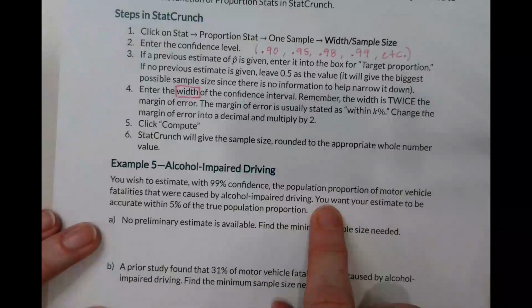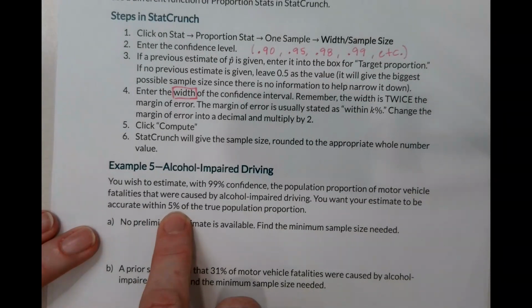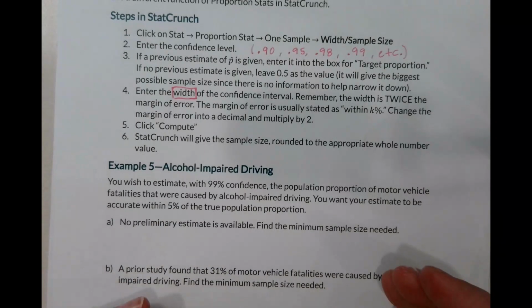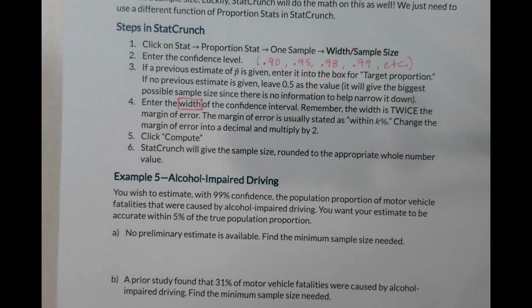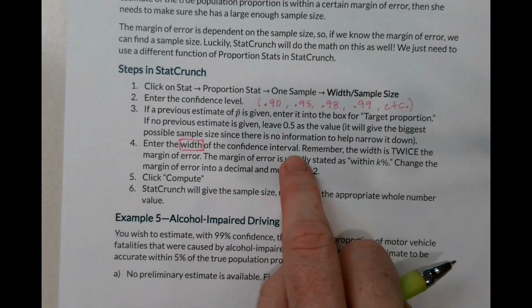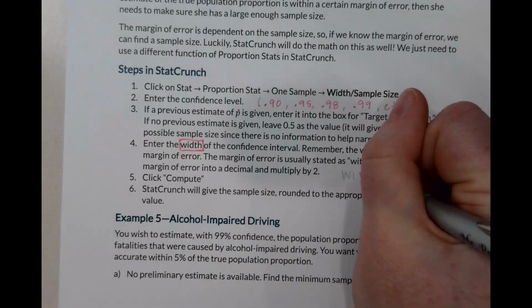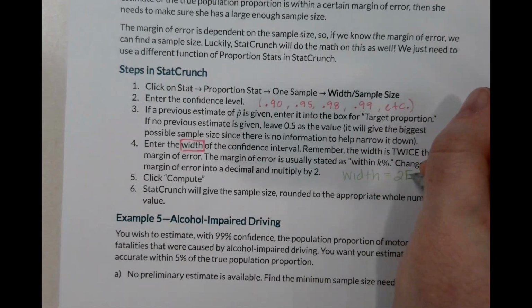In this example, you want your estimate to be accurate within 5%. That within means 5% above or 5% below. So our margin of error is 0.05, excuse me, but our width will be 0.1. So our width is not the margin of error. So for the width, we need to double that margin of error.